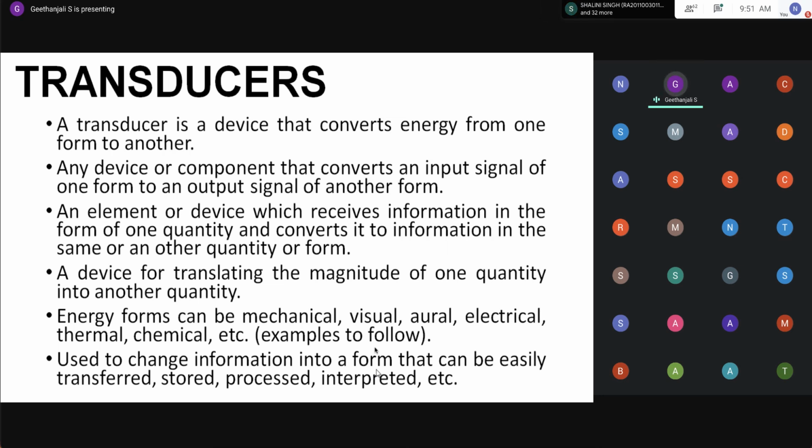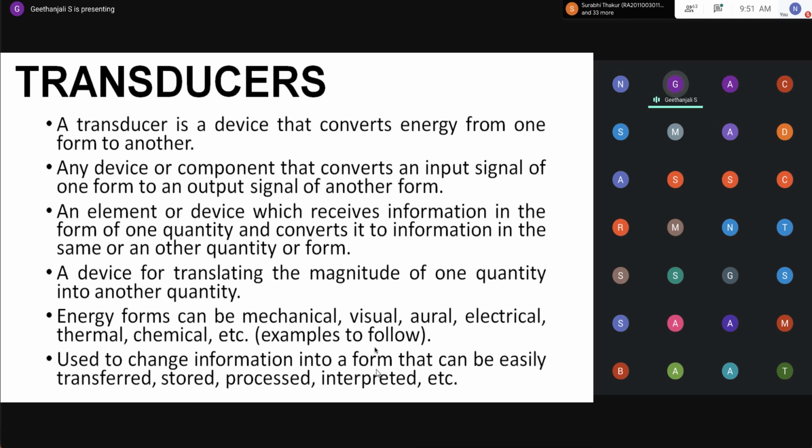The transducer is a device that converts energy from one form to another. Any device or component that converts an input signal of one form to an output signal of another form. The transducer is mainly used to convert energy from one form to another form.